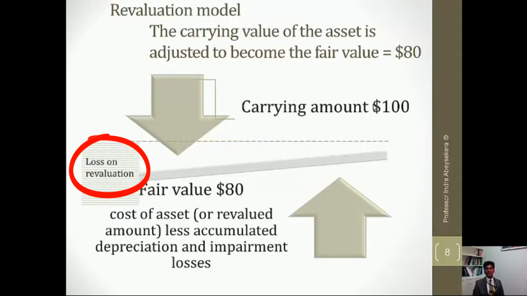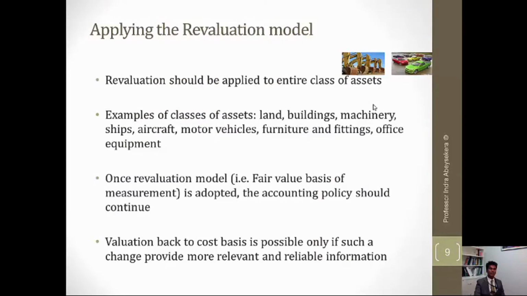And that decrease is called loss on revaluation. It's the opposite. So under the revaluation model, carrying value could be revised upwards or downwards.